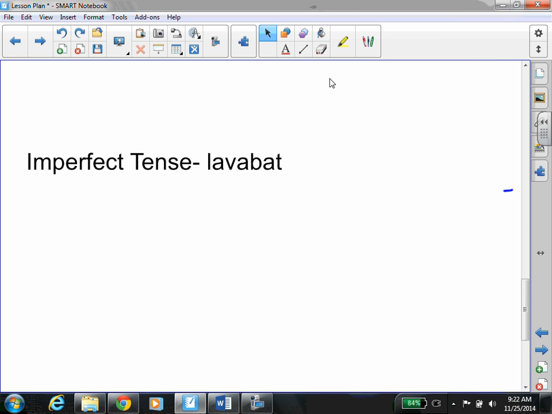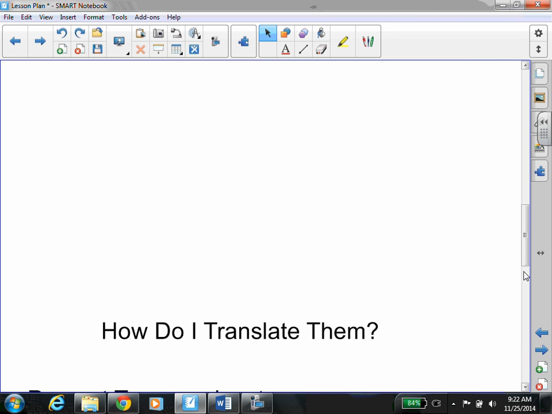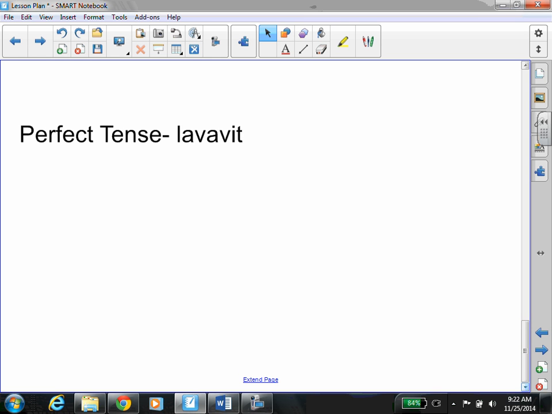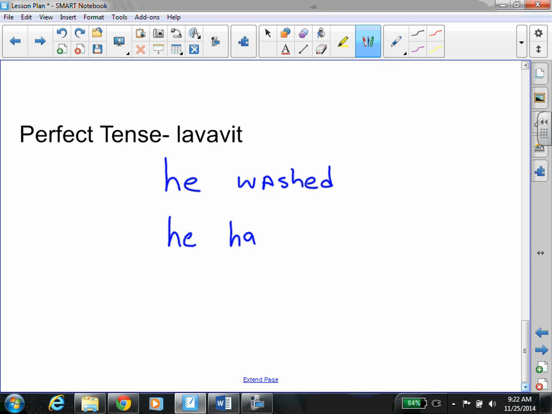So how do I translate the perfect tense? That's our last one before we're finished. We have the perfect tense here, lawat. We start off with the simple past. He, and then the ed, or the simple past, washed. That's it. Now we can use helping verbs if we want to. We can have he has washed.